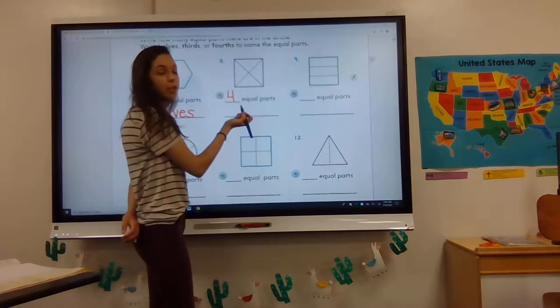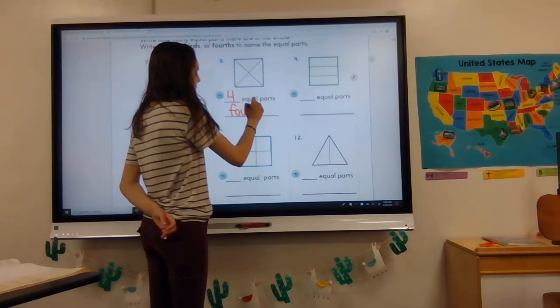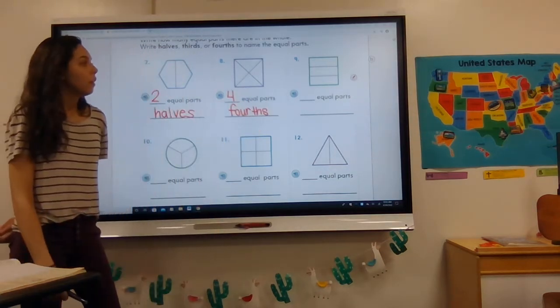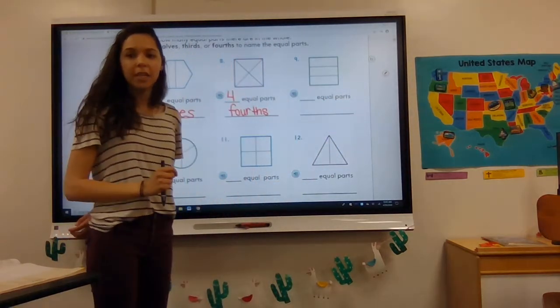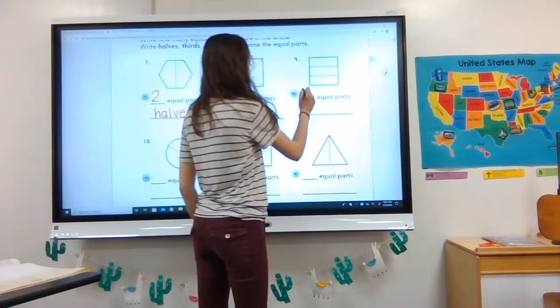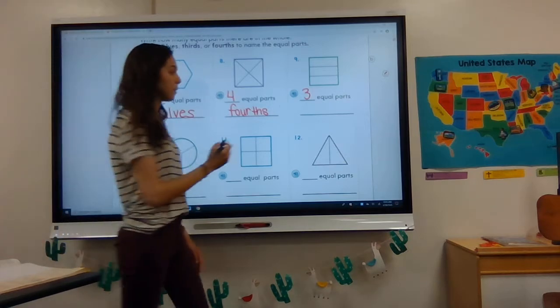And you should have labeled it fourths. Number 9, how many equal parts? You should have done 3. And you should have labeled it thirds.